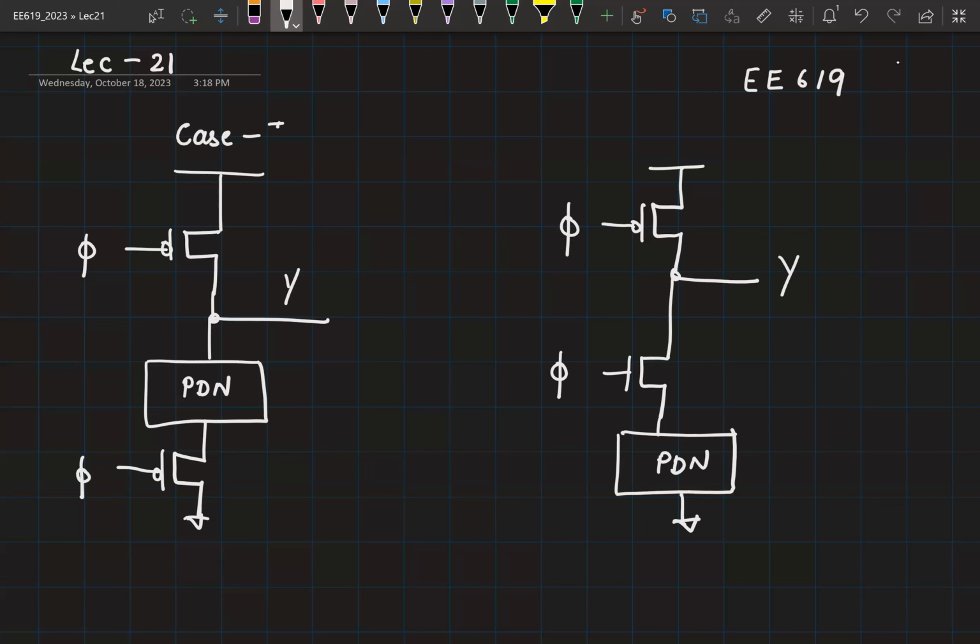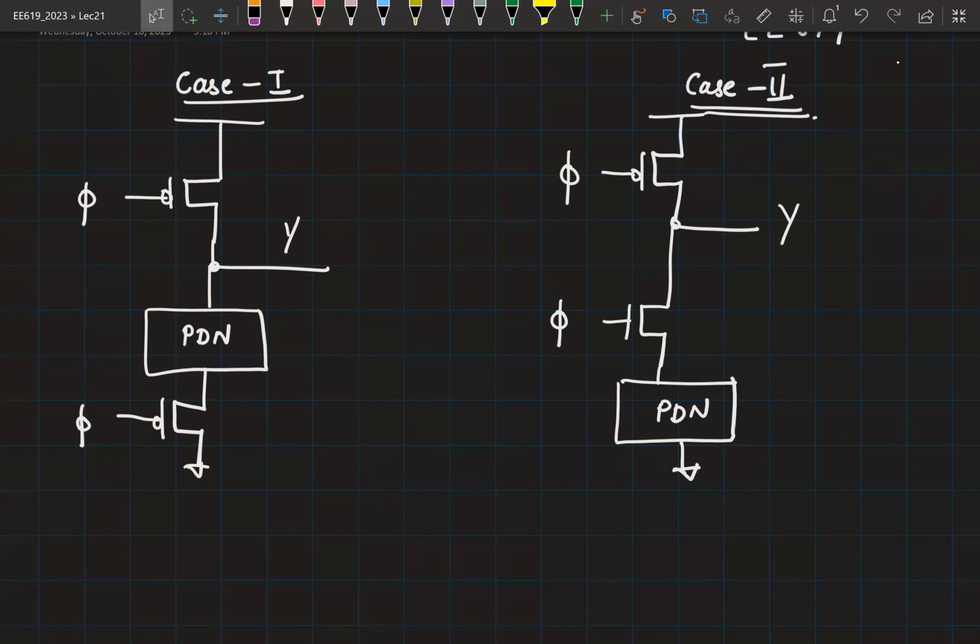This was case 1 and this was case 2. So all of us agreed that both of them are implementing the same function.